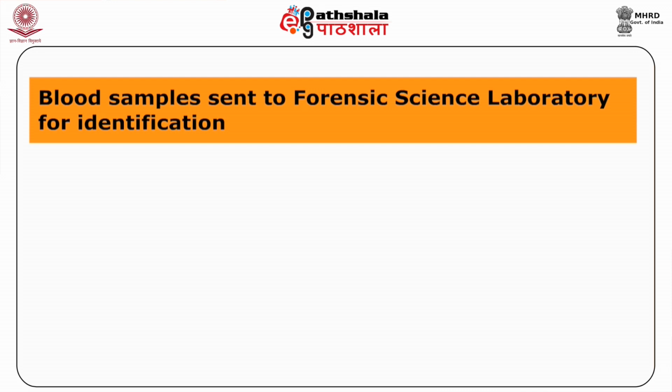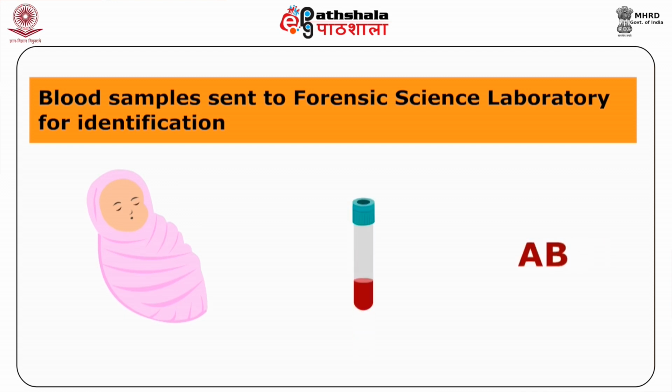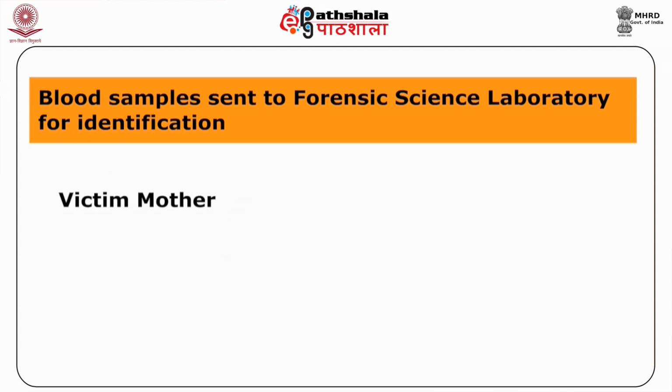Blood group of the child is AB. Blood group of the victim mother is AB, that is IA, IB. Blood group of the victim father is A, homozygous, that is IA.